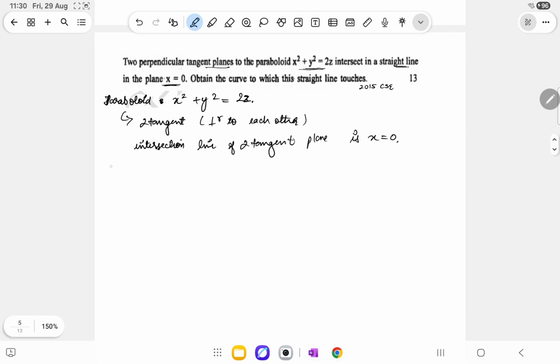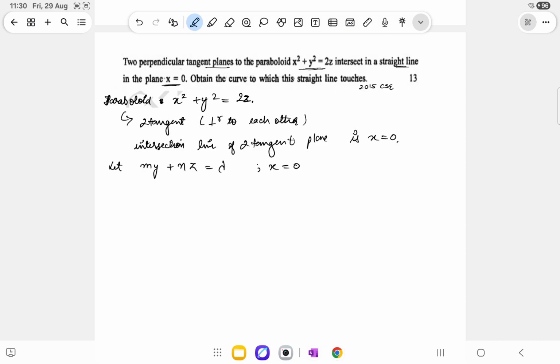So I can assume that my plus nz is equal to some lambda, and x equals 0, let these two be my tangent planes. If you observe, using the direction ratio multiplication, you'll see that these two planes are perpendicular to each other.